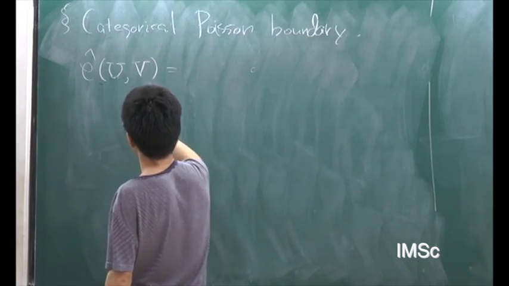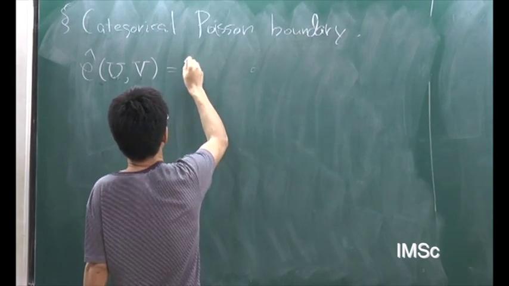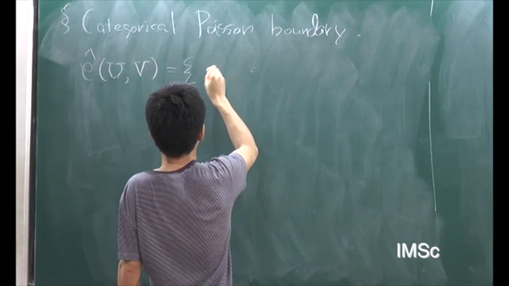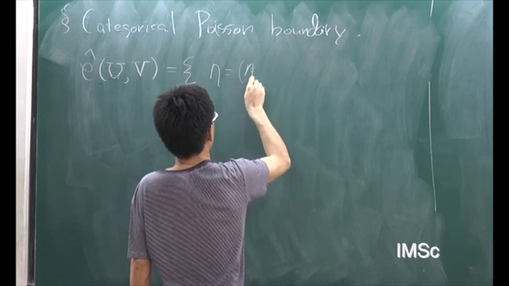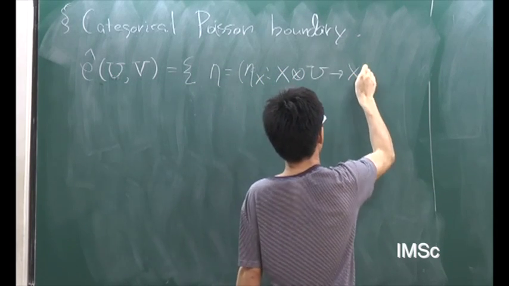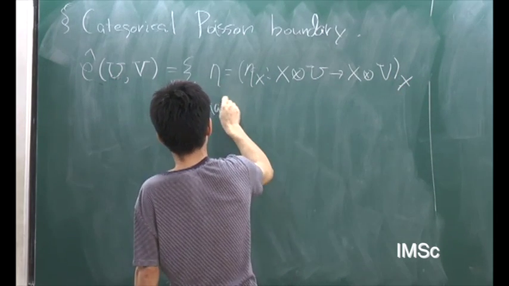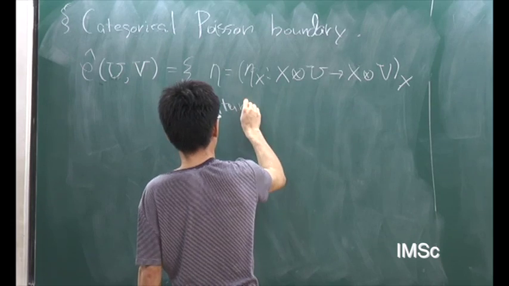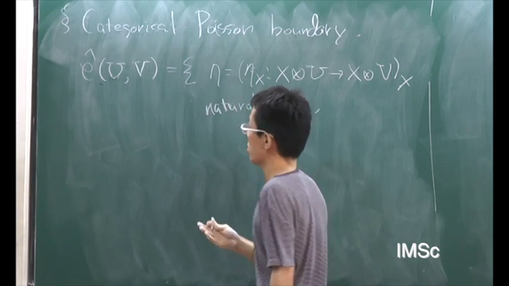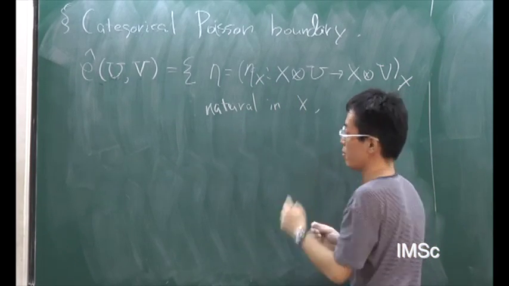So these are objects in C, and this is a family of natural transformations eta: x times u to x times v, for all x, natural in x, and also uniformly bounded. So each of these morphisms has a norm, and they have to be uniformly bounded.